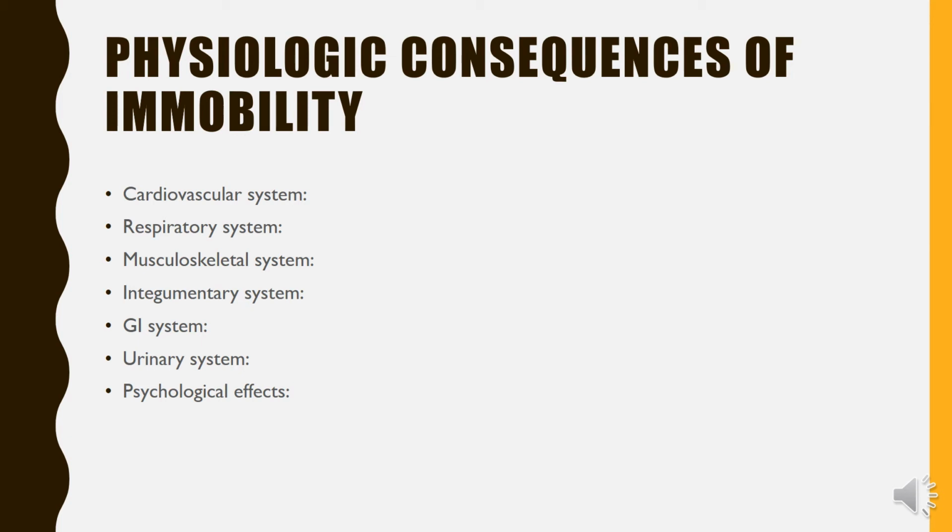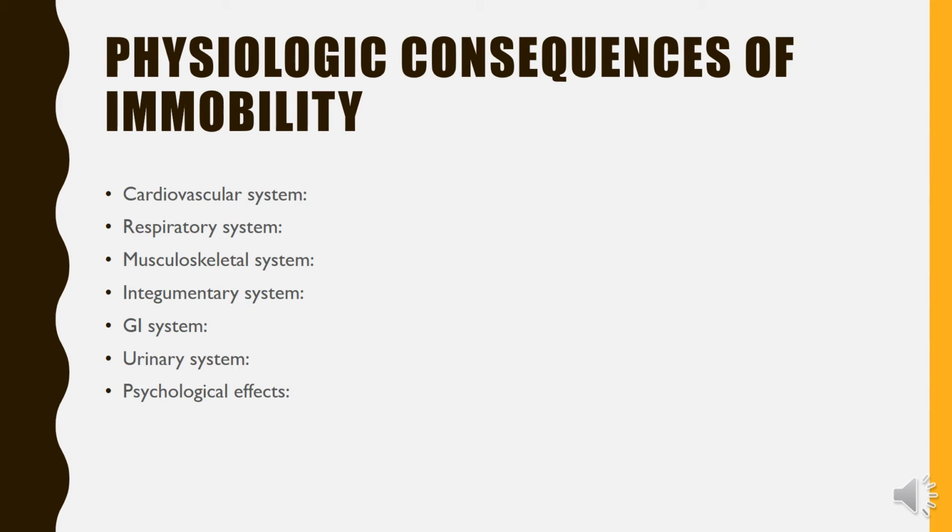The integumentary system can be affected due to skin breakdown from pressure ulcers and reduced oxygenation from blood flow. So the less that we are moving, the less our circulation is affected, the less the oxygen is flowing throughout our system and reaching the muscles of our bodies.